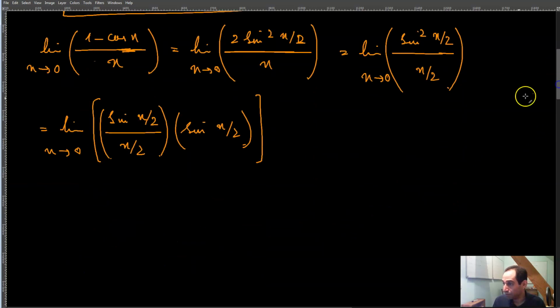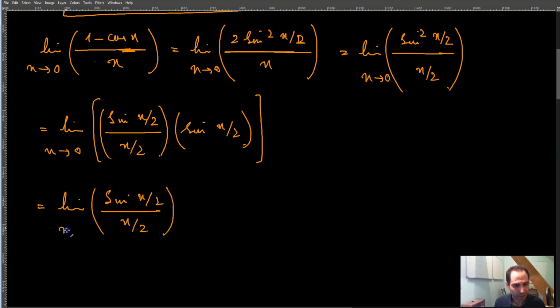And then I can write this as the limit of sine x divided by 2 by x divided by 2 as x tends to 0, times the limit of sine x divided by 2 as x tends to 0.